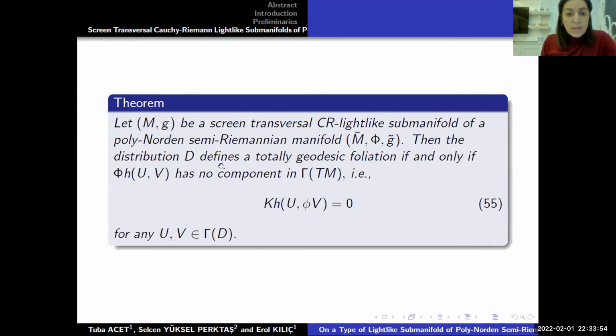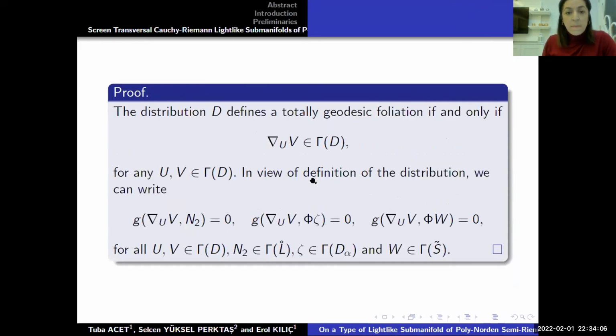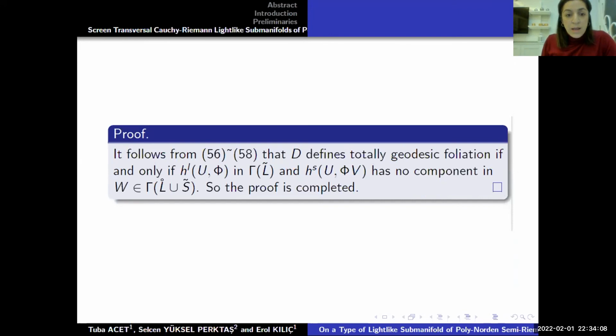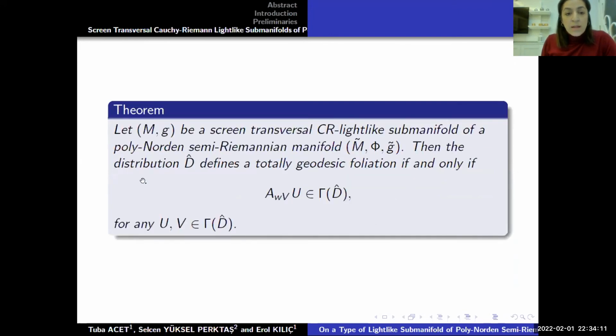D defines a totally geodesic foliation, and the necessary and sufficient condition for that is that phi h(u, v) has no component in the tangent bundle. And the necessary and sufficient condition for D hat to define a totally geodesic foliation is this one.